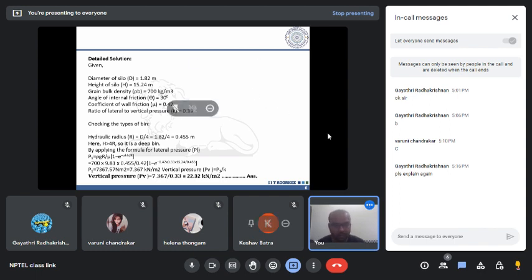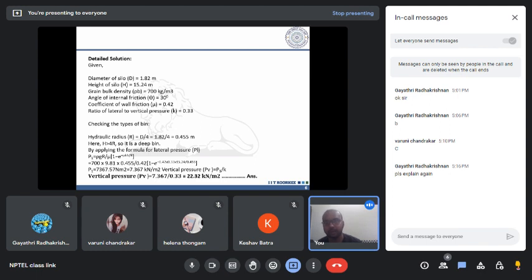Okay, so here all the details have been given: the diameter of the silo, and up to which height the corn starch has been filled. H is 15.24 meter. Then the diameter is d equal to 1.82 meter.